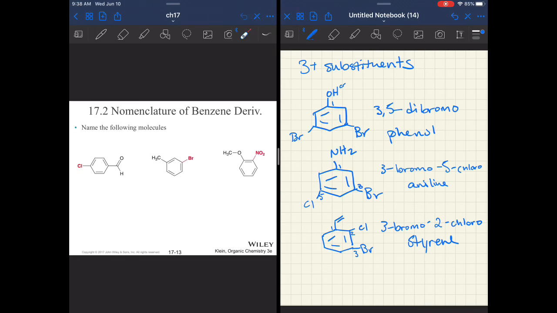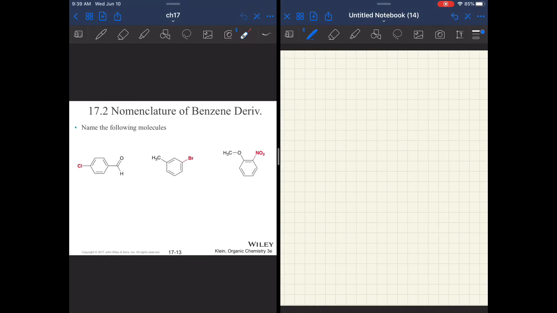If we name these molecules all over here, just for some practice, these are di-substituted, so we can use ortho, meta, para. We have a para-chlorobenzaldehyde.